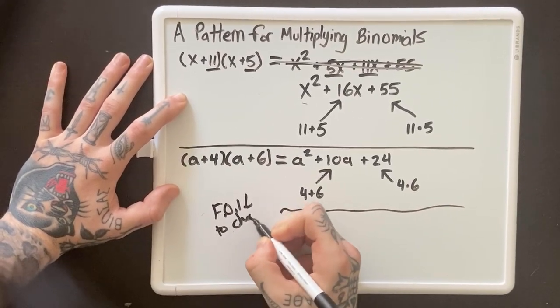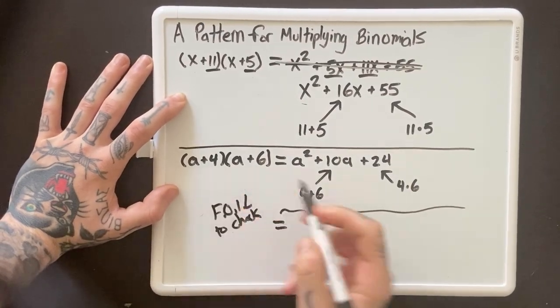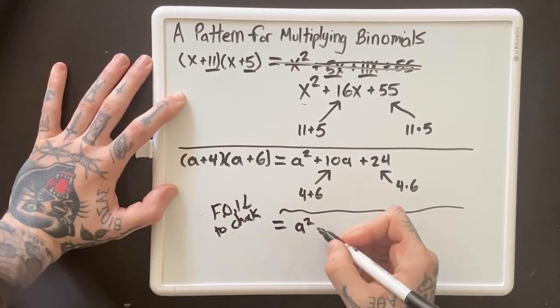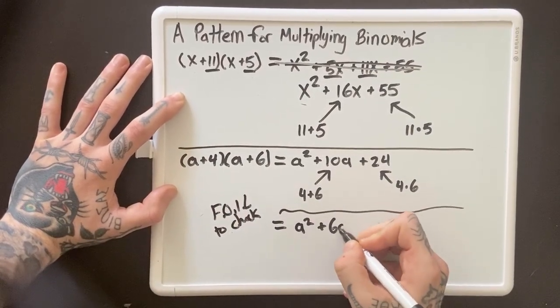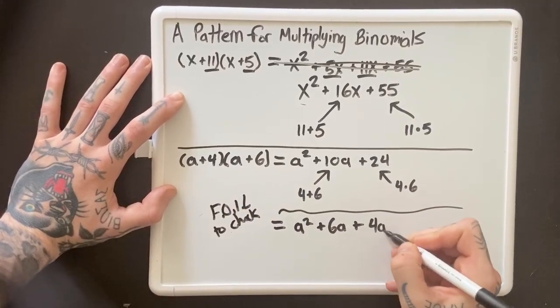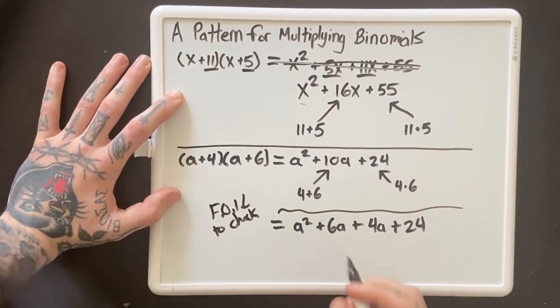Okay? So a times a is a squared. A times 6 is 6a. 4 times a is 4a. And 6 times 4 is 24.